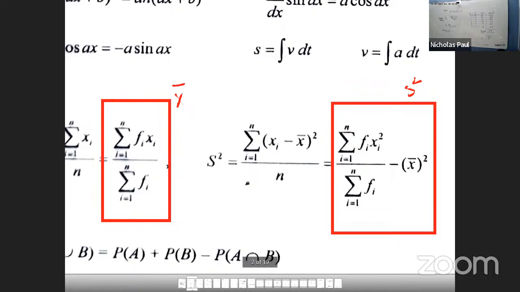I'm going to show you what it means just now. All you're really interested in is summing up f times x squared and dividing it by the sum of the frequencies, and then you minus the mean squared. That's all.